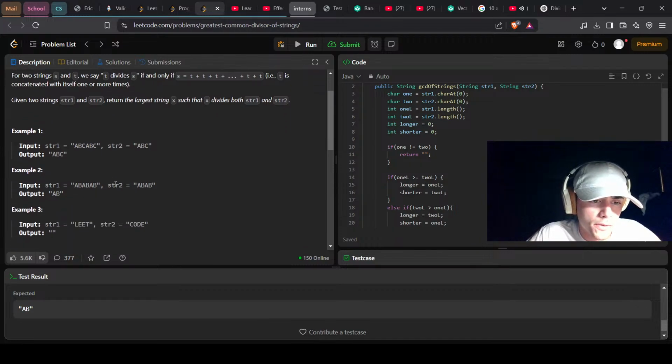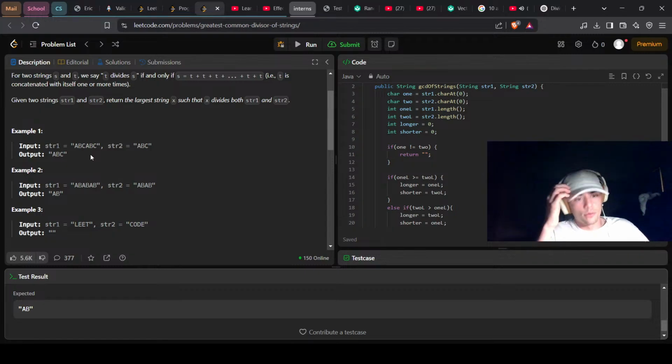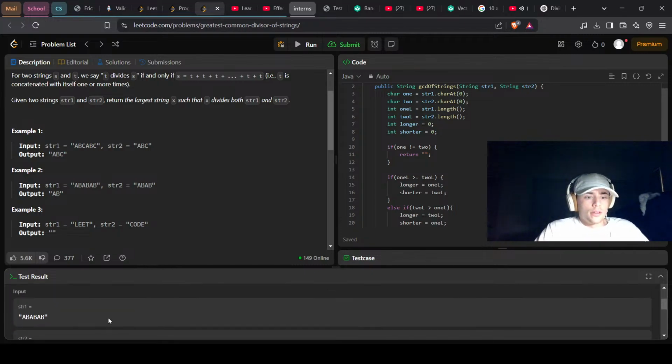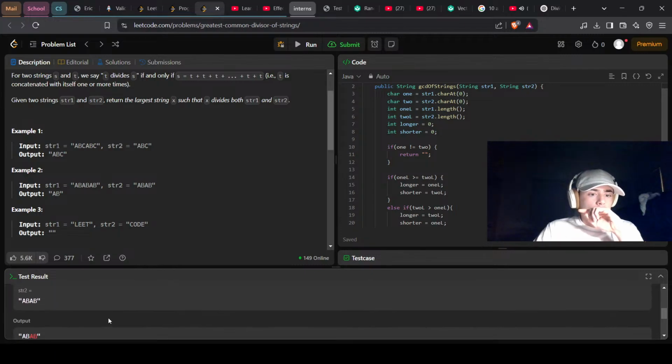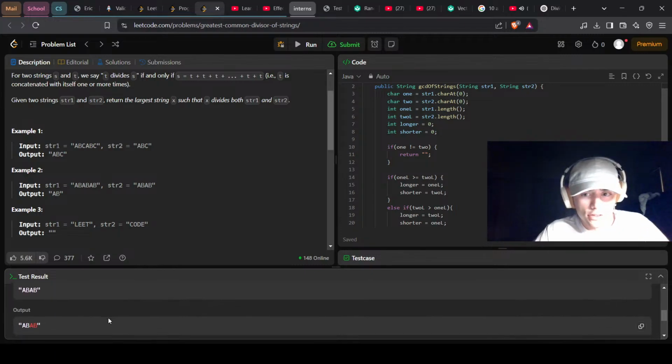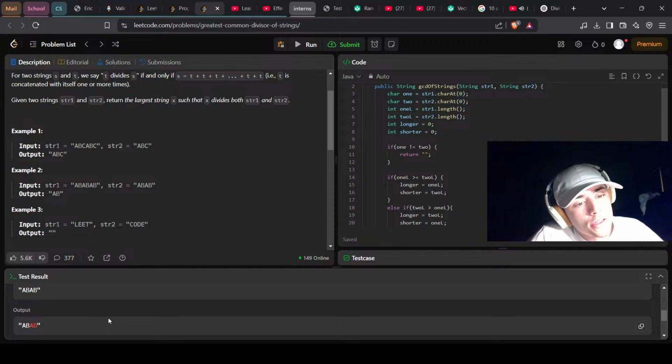Divide should always work then. No. Because we do 3, 6. 6 divided by 3 is 2.